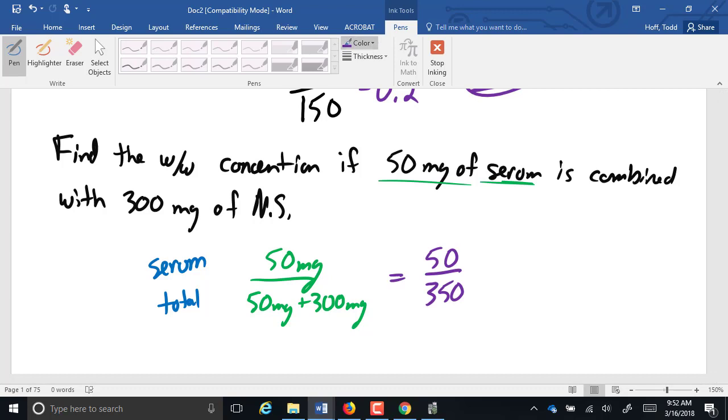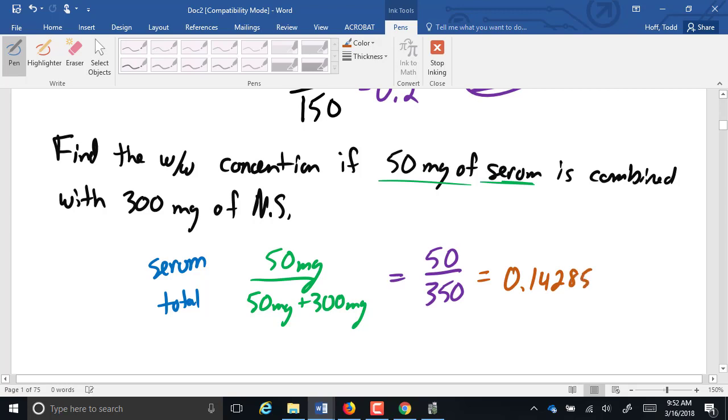So we just do 50 divided by 350, which is 0.142857143 approximately. It's not as tough as it looks. So we move the decimal point. We'll round that off to a 14.3% solution.